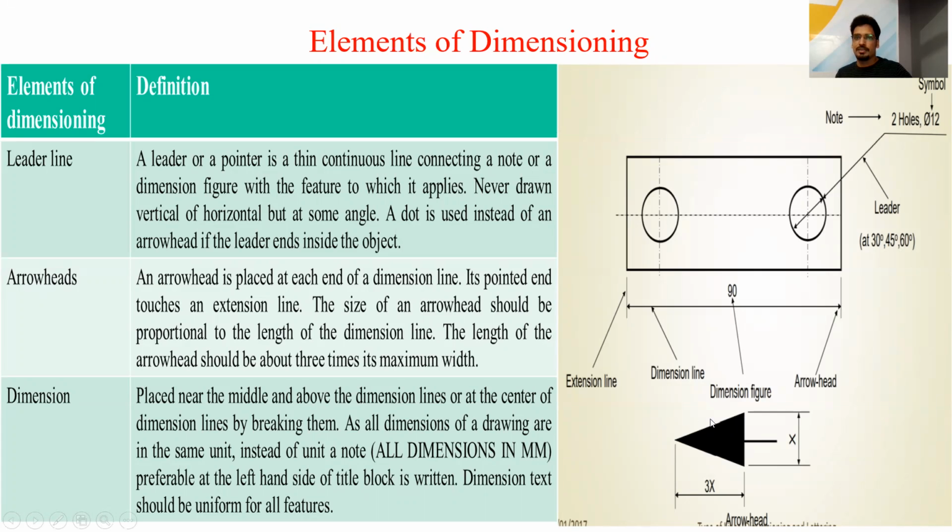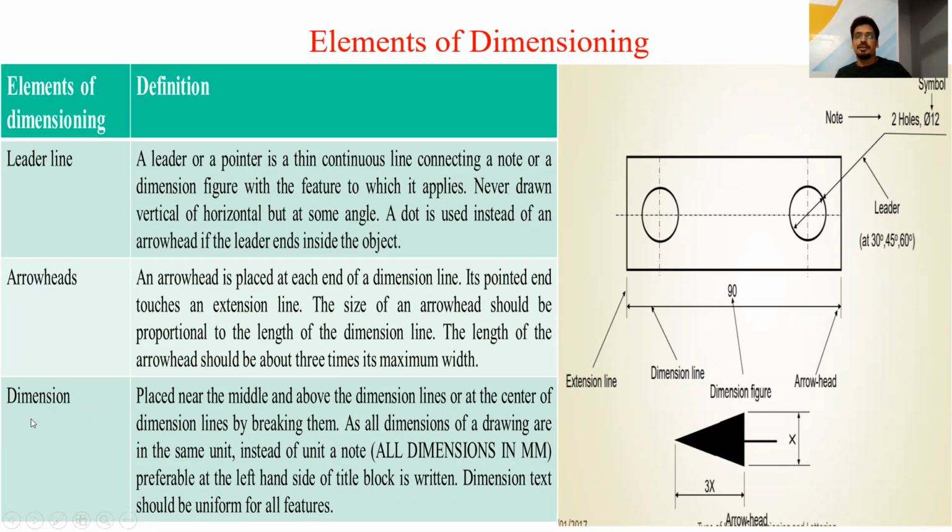Arrowhead is like this, and the length to height ratio of the arrowhead is 3:1. If 3 is the length of the arrow, then the height is 1. So 3:1 is the ratio of the arrowhead.